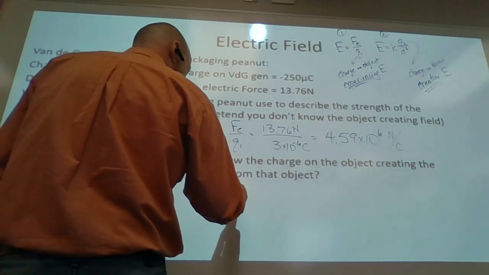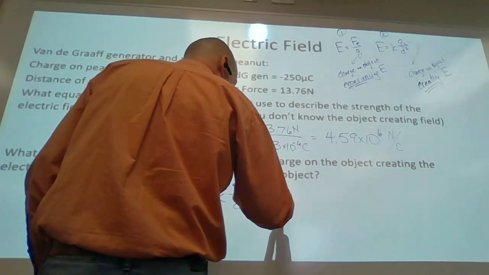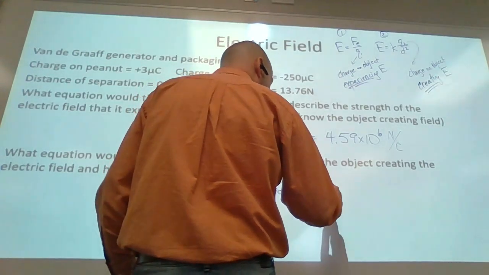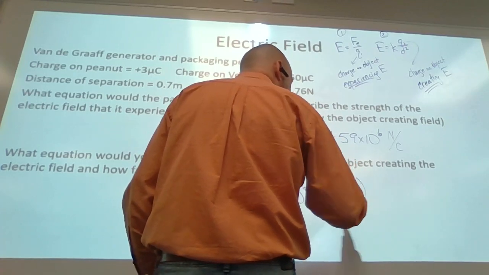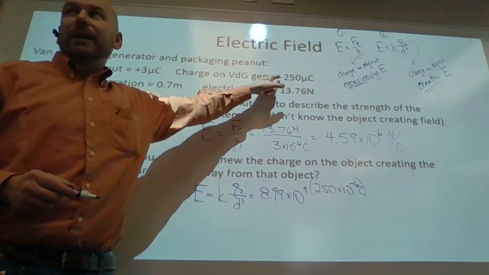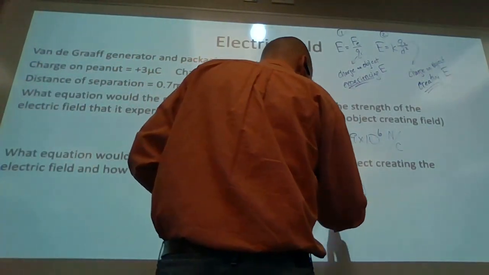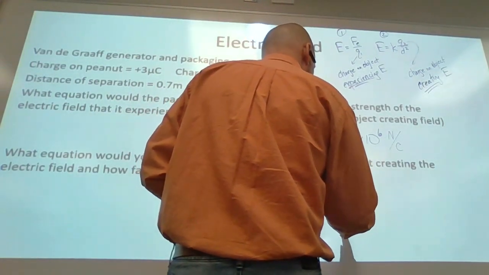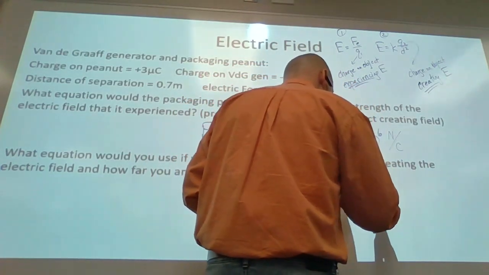This is K Q2 over D squared. So you have 8.99 times 10 to the 9th times 250 times 10 to the negative 6. We're dropping the positive and negative charge, so I'm not worried about it's negative 250. I don't care about that. I'm dropping that negative sign there, and divided by 0.7 meters. Remember to square that.